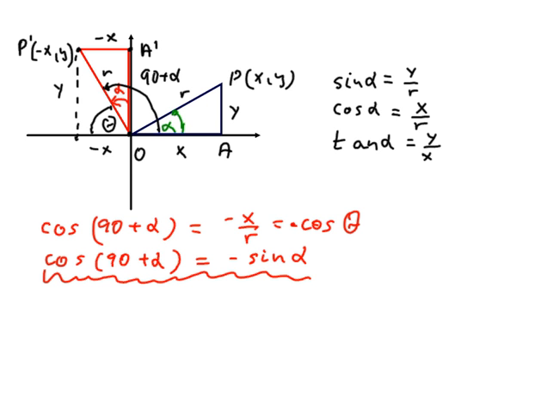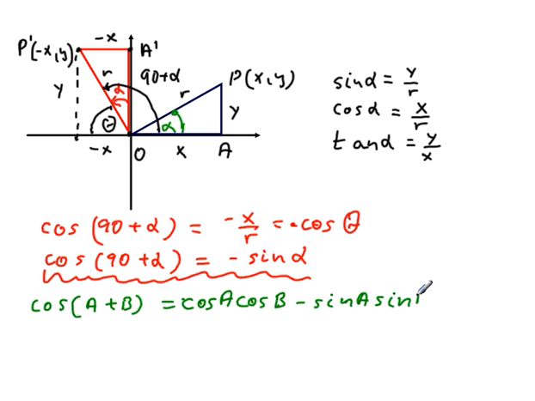When you recall the addition identity for cosine, cosine A plus B is equivalent to cos A cos B minus sine A sine B. This is further explored in the video on the addition formula. Now, A is represented by 90 degrees and angle B by angle alpha.